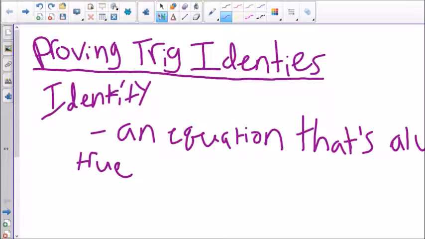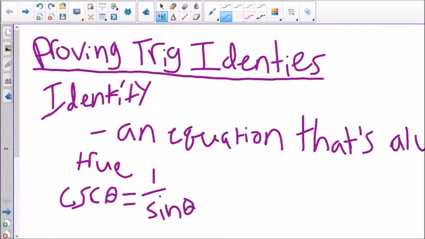We're proving, for example, that cosecant theta equals 1 over sine theta, which is an identity, so that's just as simple as it gets. That's one identity.